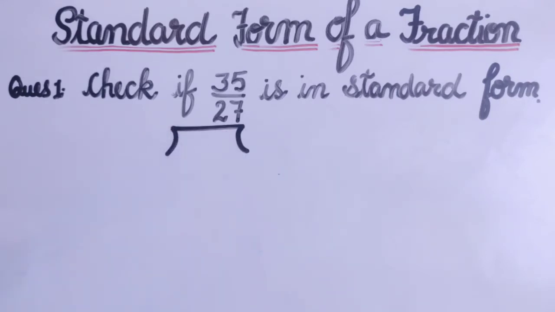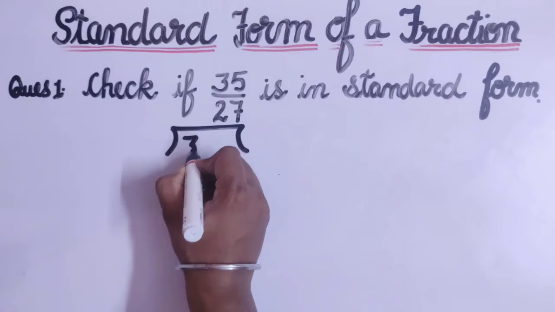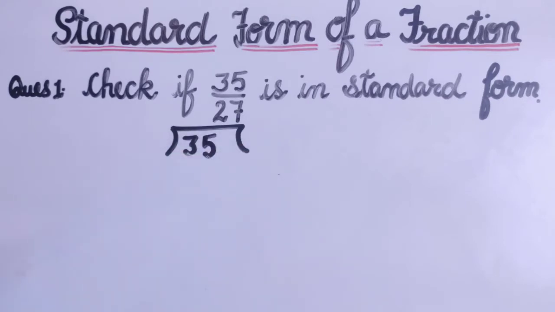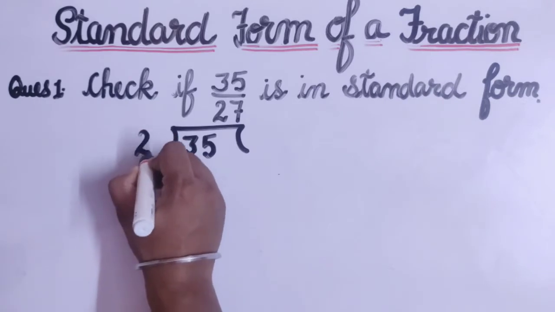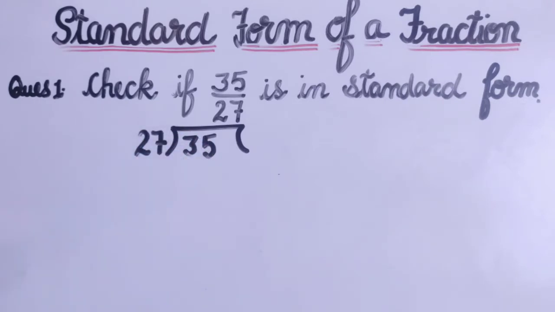35. What is the first rule of the long division method? When we have to find out the HCF of two numbers, the bigger number acts as the dividend and the smaller number acts as the divisor.